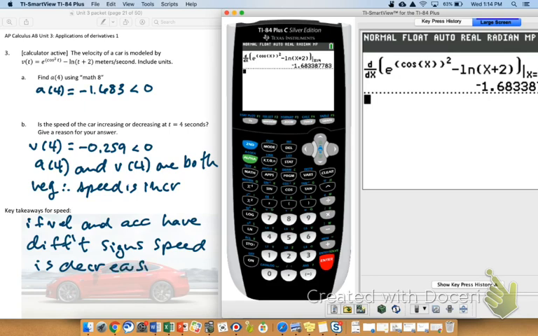The number one struggle that students have here is forever in their whole lives, they've thought of velocity and speed as being the exact same thing. They're very related, but they are not necessarily the exact same thing. So we want to kind of separate those two out.